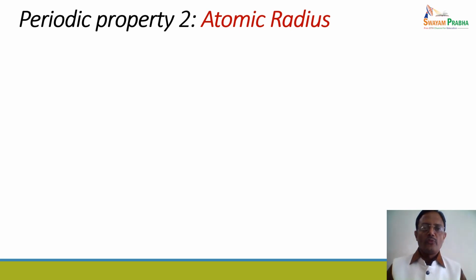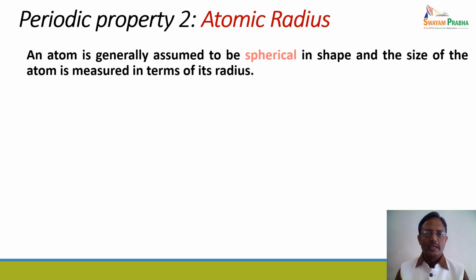Okay, so this is about the first periodic property which we have discussed, that is the effective nuclear charge and screening constant. Coming to the second periodic property, that is atomic radius. Now, how will you define an atomic radius?